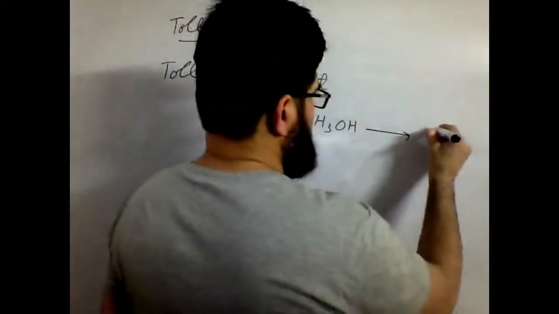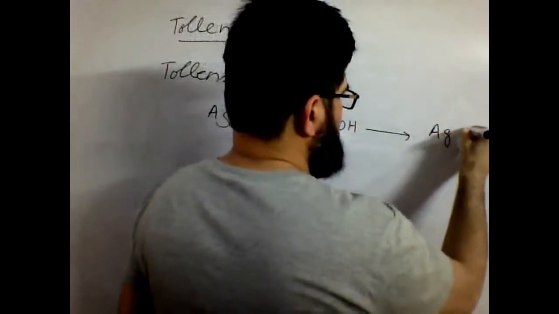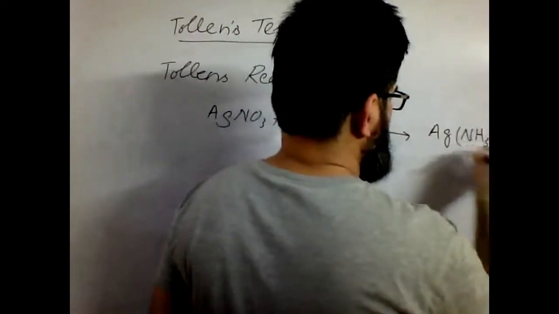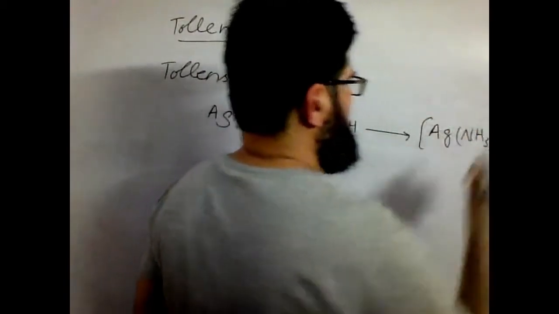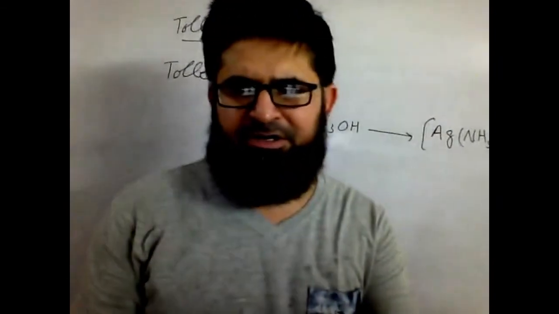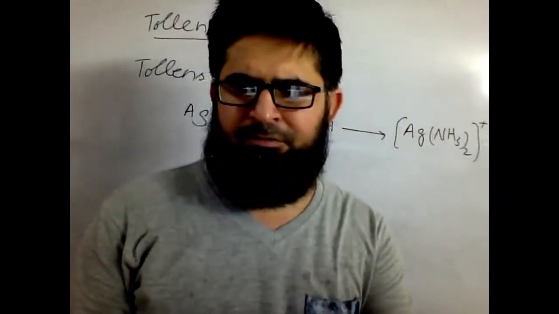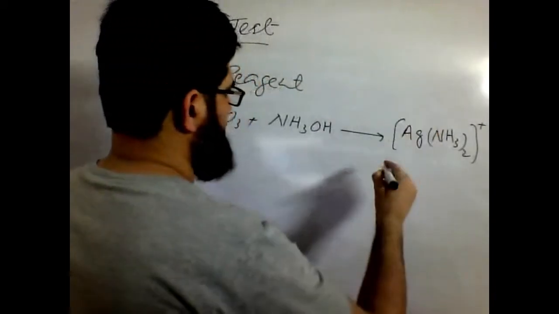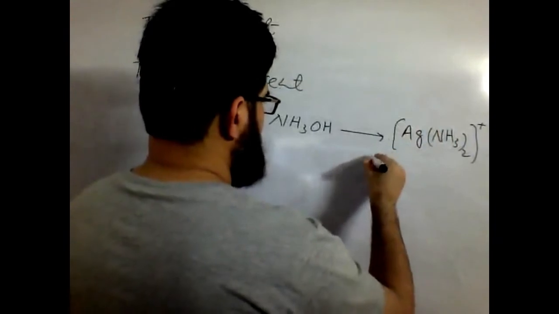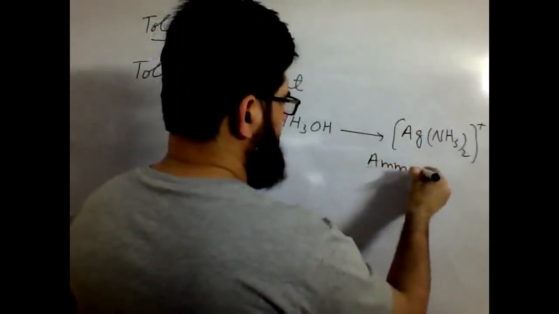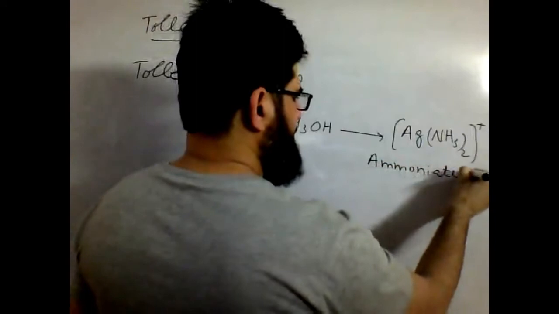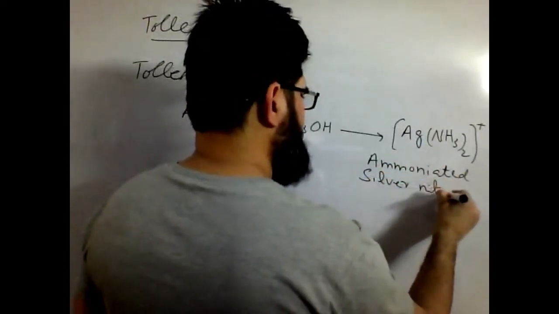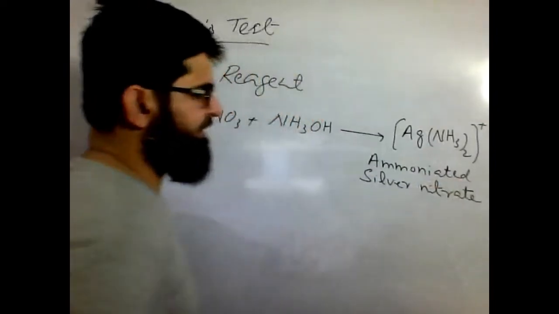What happens then? We get this sort of a complex, which is called ammoniated silver nitrate.